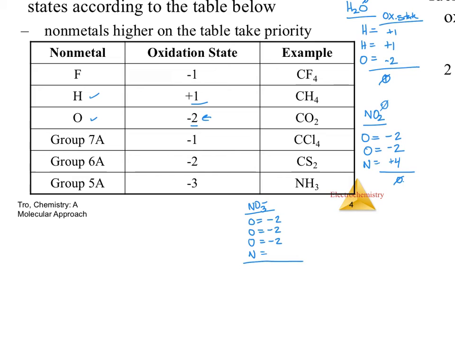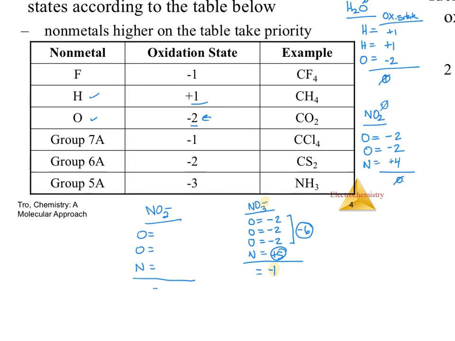I see that the charge of this ion is -1. So that means that all of these oxidation states must add to -1. You can see that all of my oxygens are -6 total. So nitrogen must be +5 because -6 and +5 must equal -1. Another example, in NO2 minus, oxygen is higher in priority.